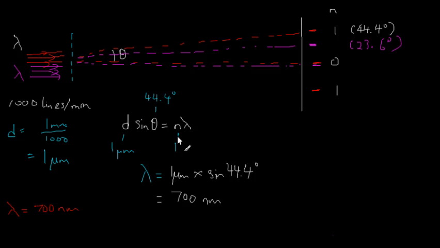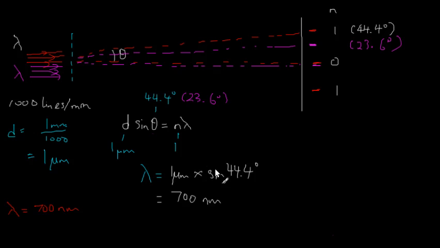N is again 1, but I have a different angle this time, 23.6 degrees instead. D, the spacing between the slits, is still the same because I'm using the same grating. So that's the only change: the angle is changed to a smaller value.